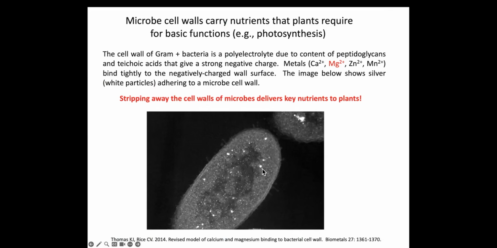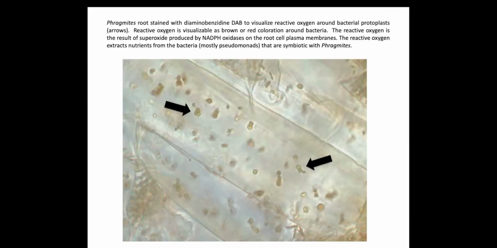This shows a bacterium, and in this case, I think it's silver on the wall, little silver particles. So when the plant takes those cell walls, they get the nutrients that are on those cell walls. That's how we think that's working. And it may be, like, I won't say it's a huge difference.